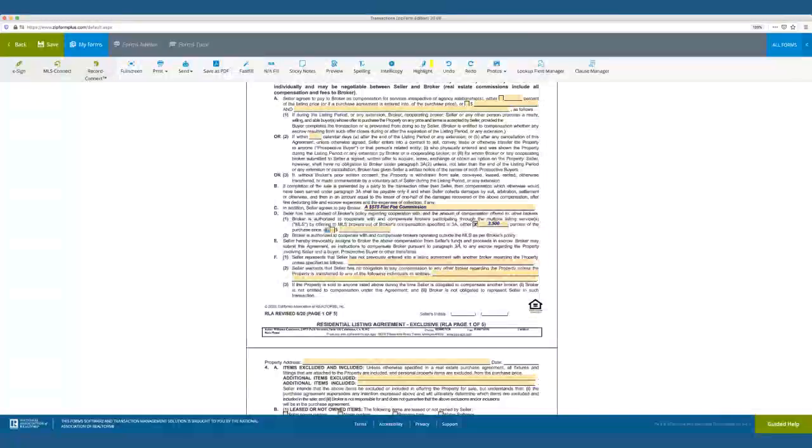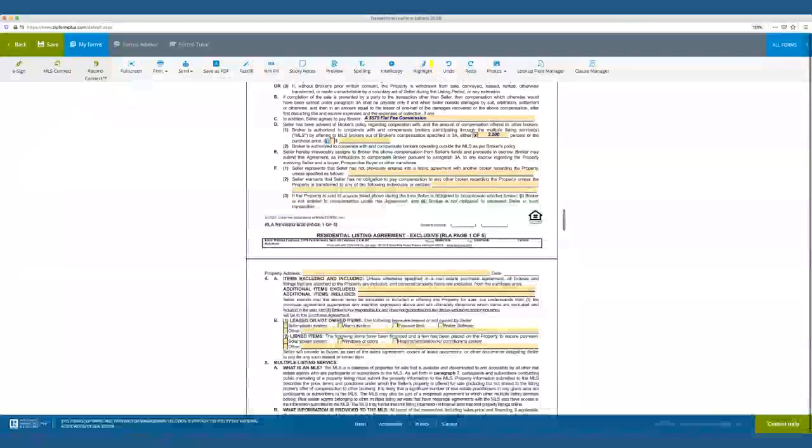If it has been previously listed, you need to know that. So your seller should be telling you that, and you would put that brokerage in there. And then if that other broker gave your client a list of the people they exposed that property to, this is where those names would go. Or if it's a long list, you would attach an addendum.